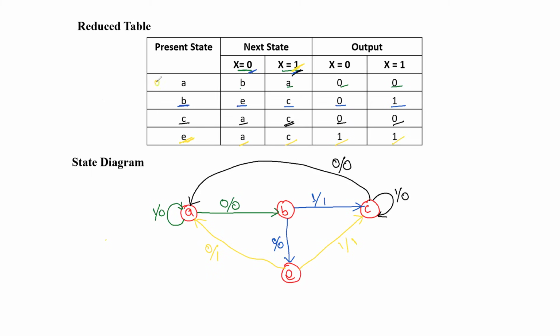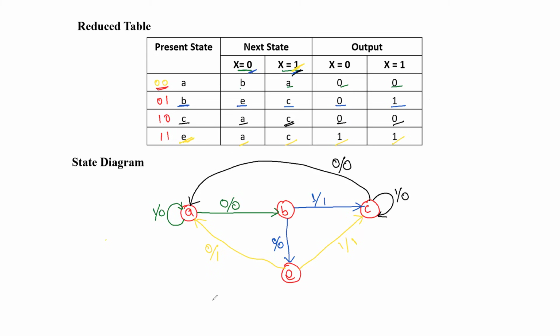A will be represented by 00, B by 01, C by 10, E by 11. Wherever A is there, it will be replaced by 00, wherever B is there 01, C 10, E 11. Like this, we have a state assignment also. If time is there in the exam, you can write that also. Otherwise, up to this is sufficient.